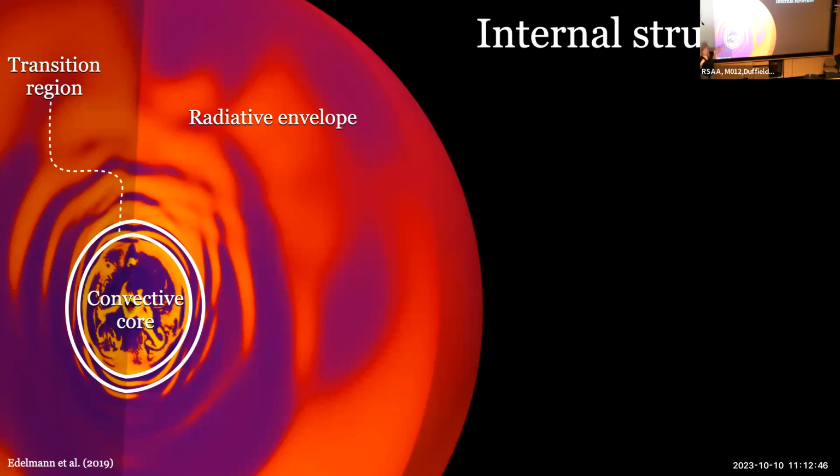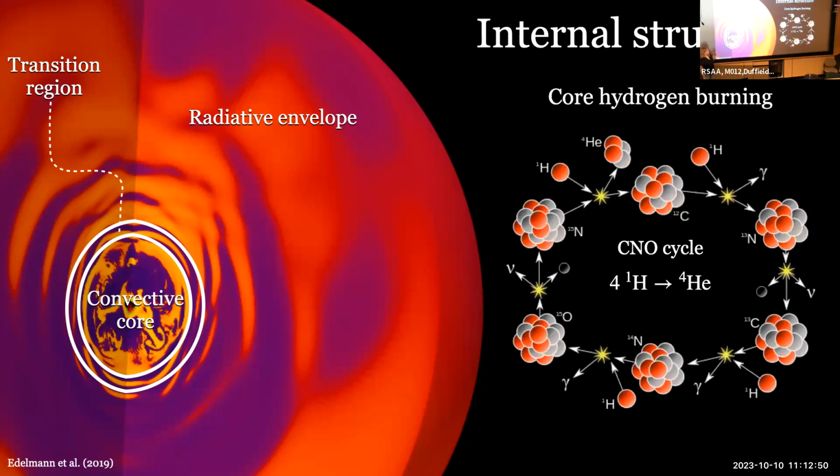Through the main sequence evolution of these stars, the process that's dominating the nuclear burning is the CNO cycle, where we have isotopes of carbon, nitrogen, and oxygen that act as catalysts throughout the nuclear burning. In doing so, it ends up producing helium from hydrogen.